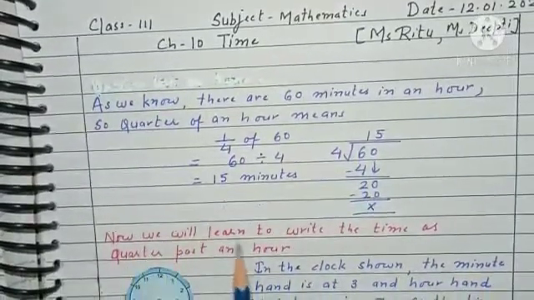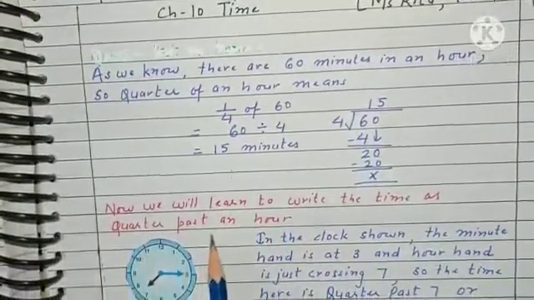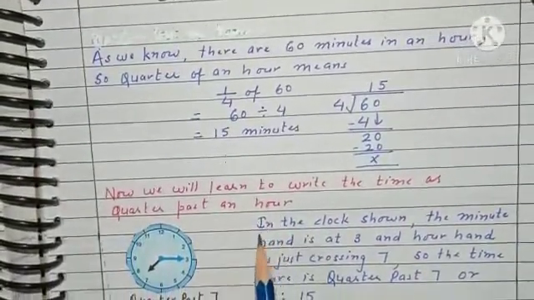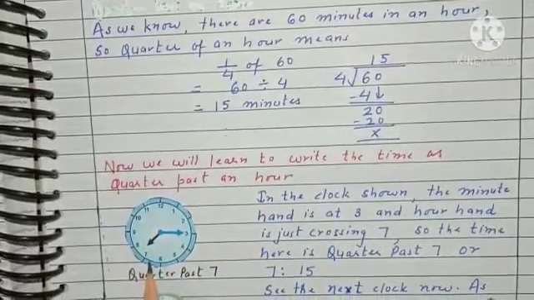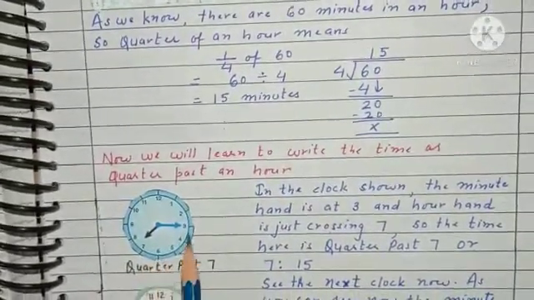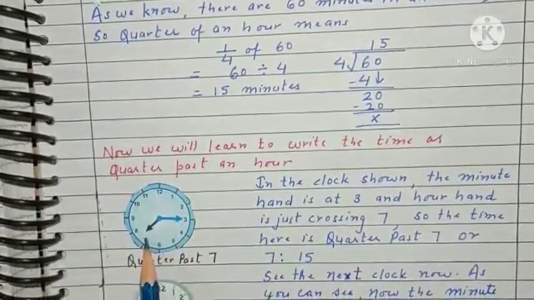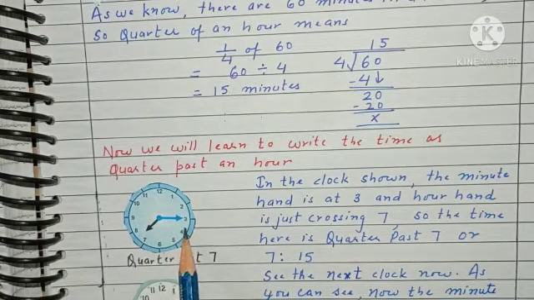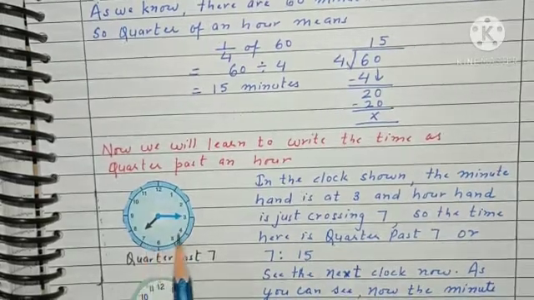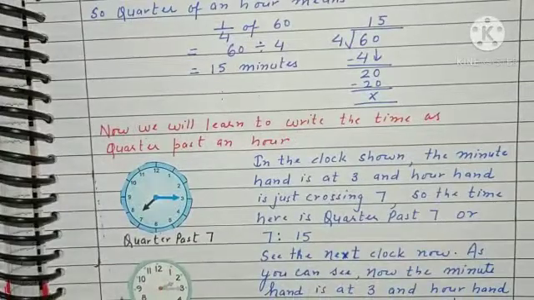Now we will learn to write the time as quarter past an hour. Children, in the clock shown here, the minute hand is at 3 and the hour hand is just crossing 7. So the time here is quarter past 7 or 7:15. See the next clock now.